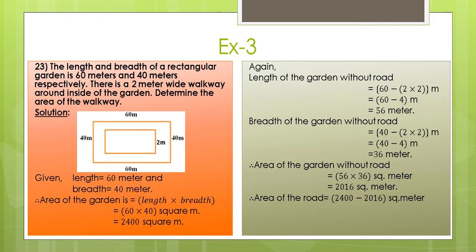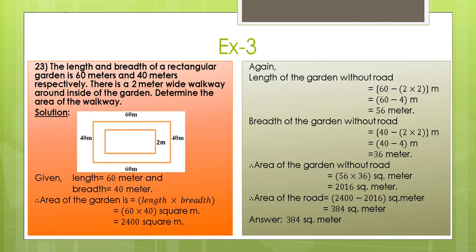So area of the road, that is total area of the garden, 2400, minus area of the garden without road, that is 2016. So 384 square meter. This is our desired answer. 384 square meter is the area of the road.